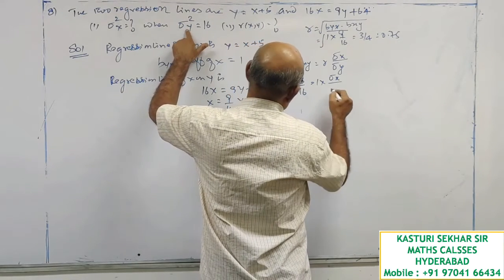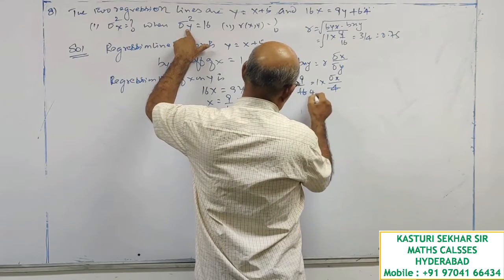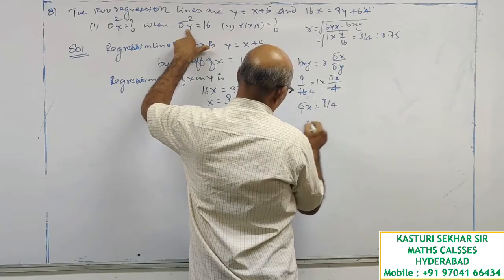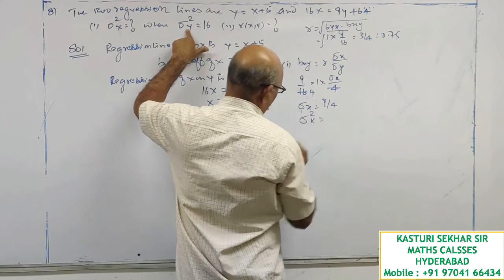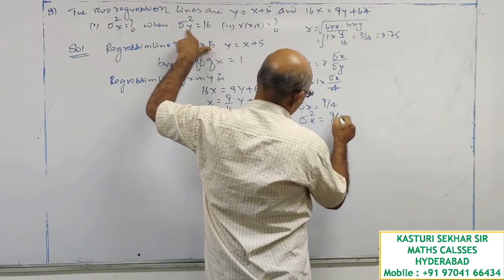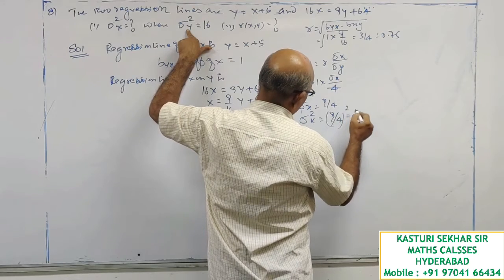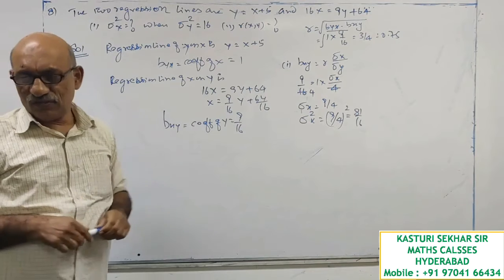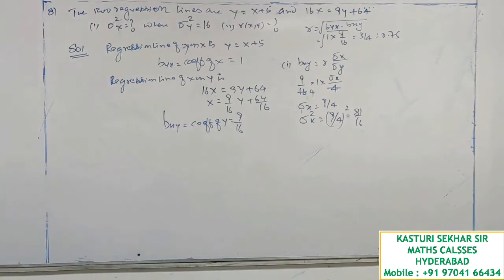Taking the square root of this, it is 4. Standard deviation of x is equal to 9 by 4, squaring on both sides, 81 by 16. Variance of x is 81 by 16.